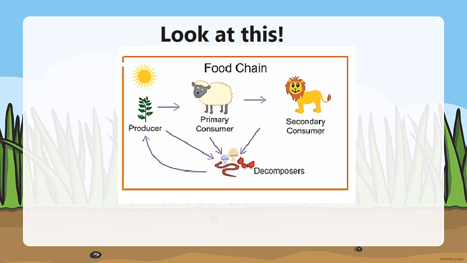That will decompose by bacteria, fungi and other worms. The lion's body will get buried into the soil and soil will get the nutrients. In that nutrients, the new plant will again grow. It's all like a chain.